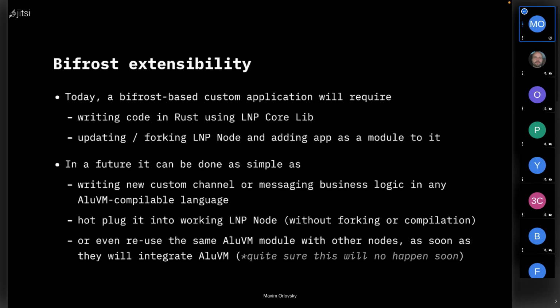Basically, the definition of new channel types can be done even in code, because it will work in the same way on each node implementation. But I'm quite sure that this will not happen that soon, but at least there is some future to wait for and believe in. That's all for the introduction into Bifrost development as of today, and we can move to the questions if there are any.